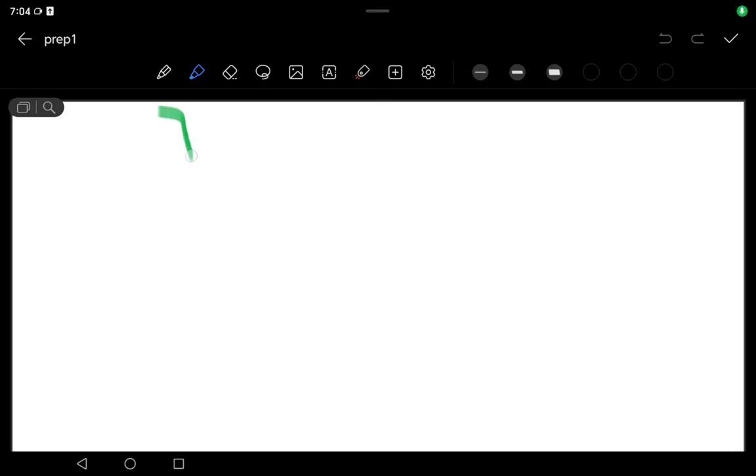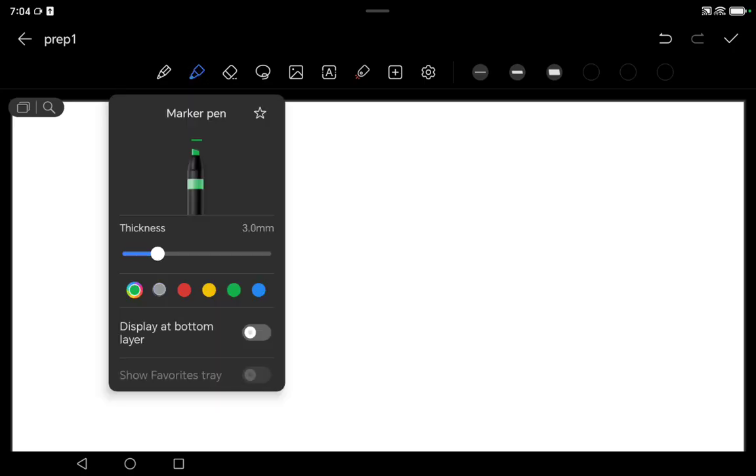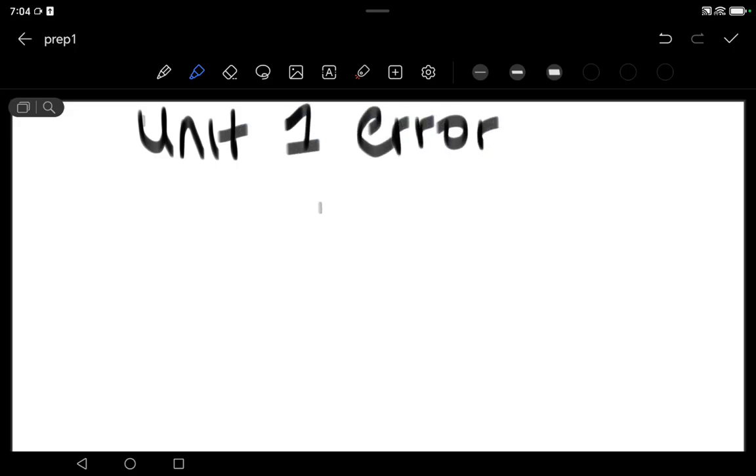Unit 1, it's about errors. Have you ever heard about error? What is error? Error in maths.